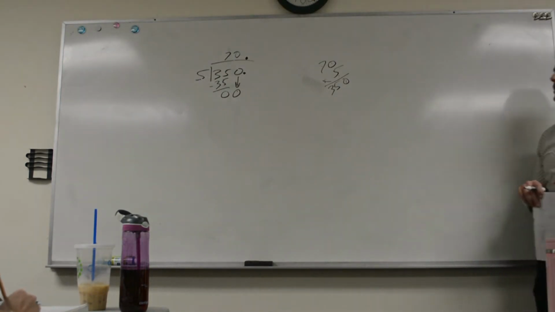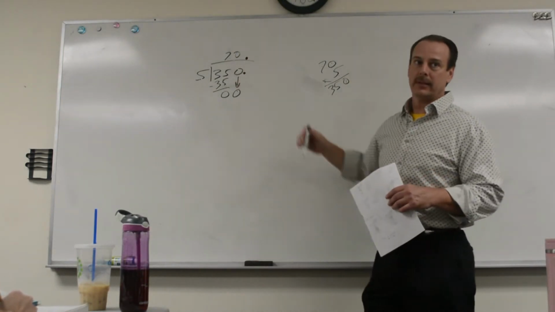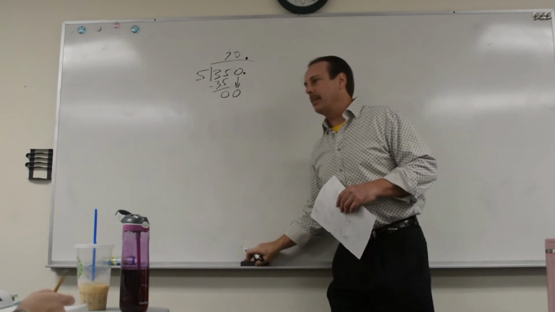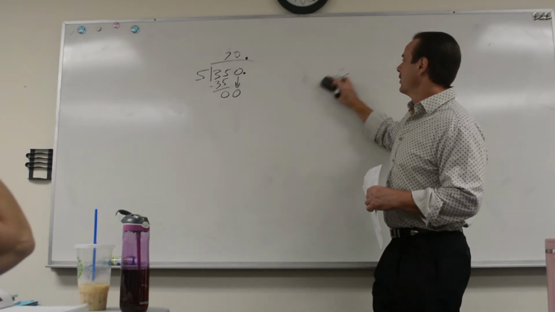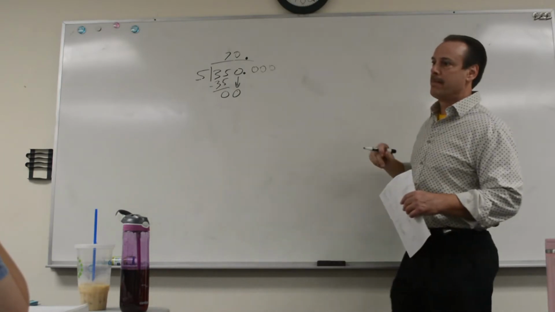Now, in some cases, it's not going to be an exact number like this. It may be 70 point something. How are we going to know when to stop? Because technically, we could keep adding zeros here for infinity.